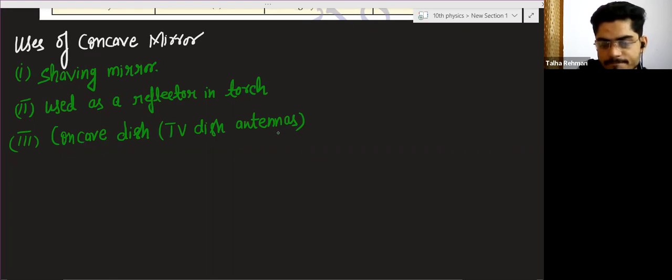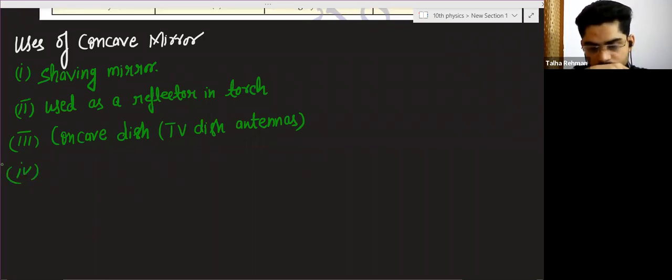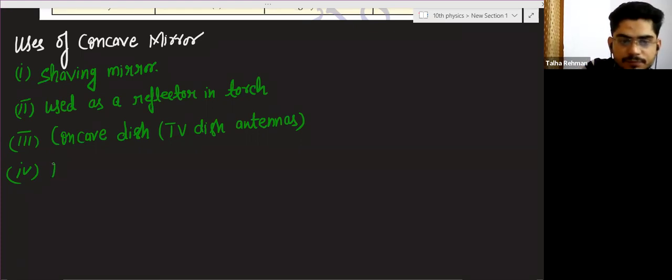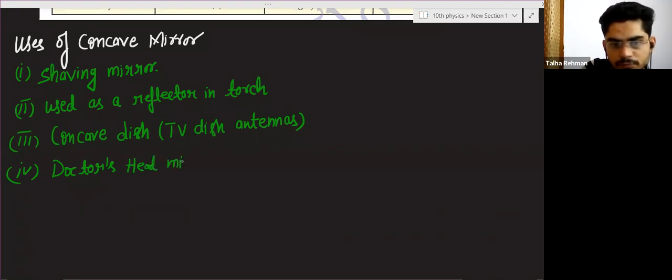And one more point I am adding: a doctor's head mirror. These are some of the uses.